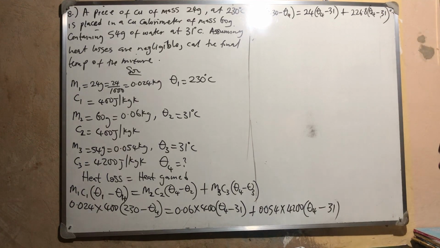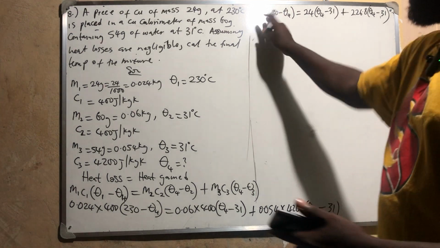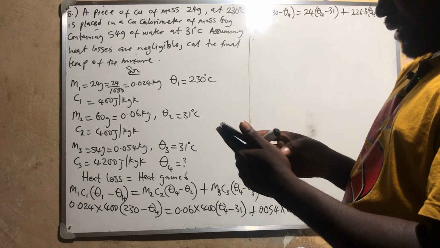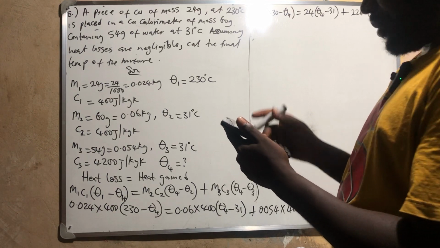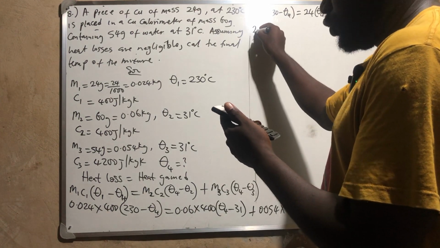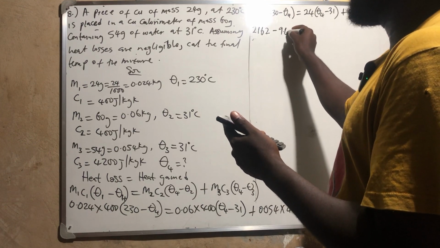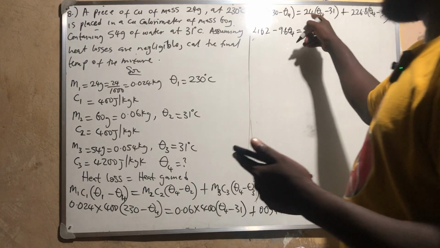Okay, so now what do we have? Let us clear. 9.6 times 230, I'm having 2,162, minus 9.6 theta 4, as I'm clearing the bracket.